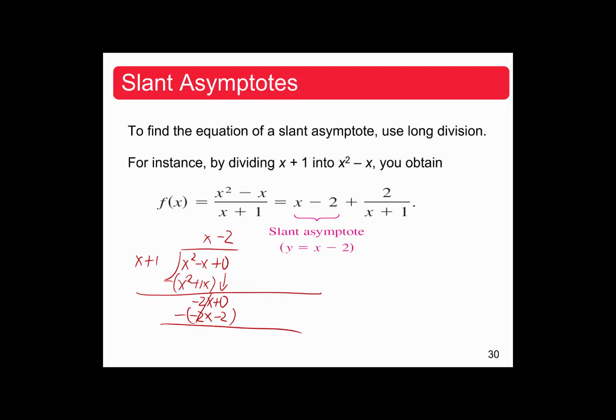We cancel the variable x. Now we get remainder 2. 0 minus -2 becomes 0 plus 2, which is 2. And this is the quotient. The quotient is what we call the slant asymptote.